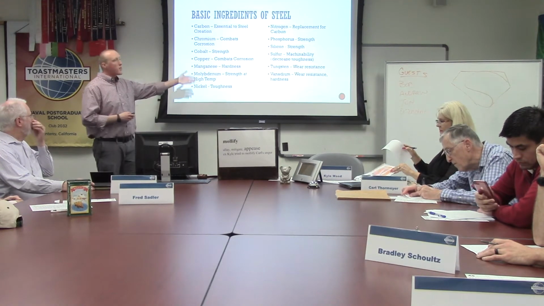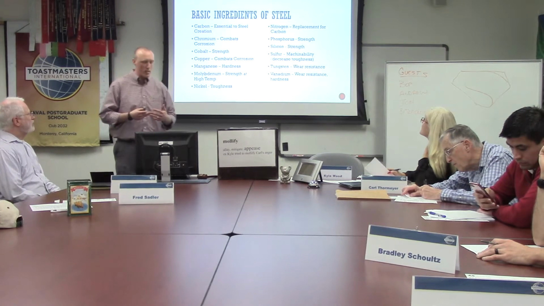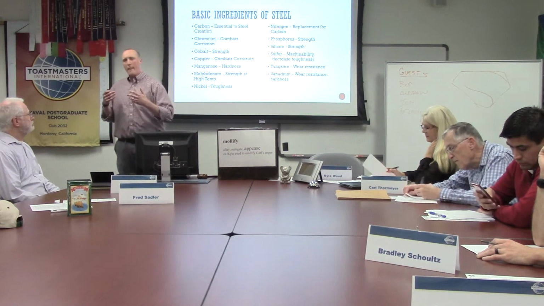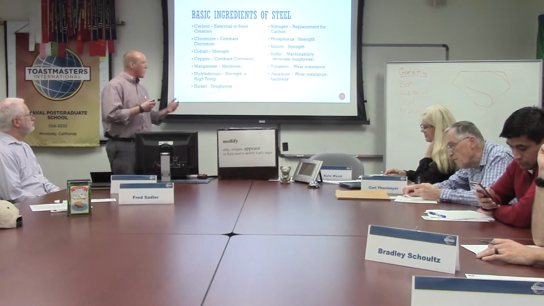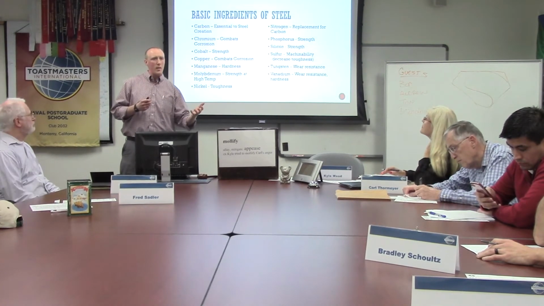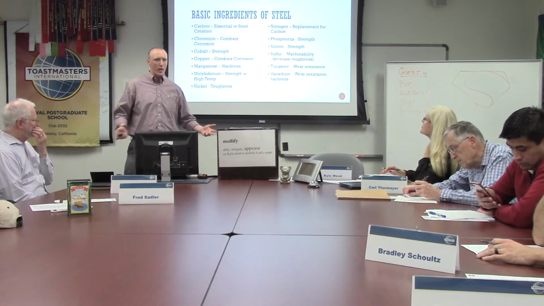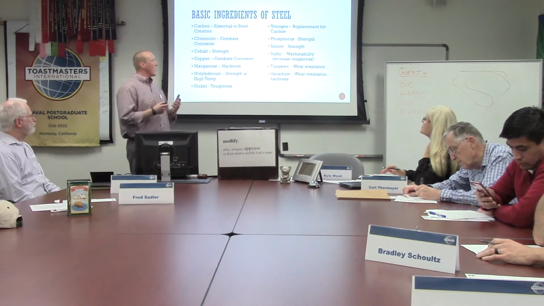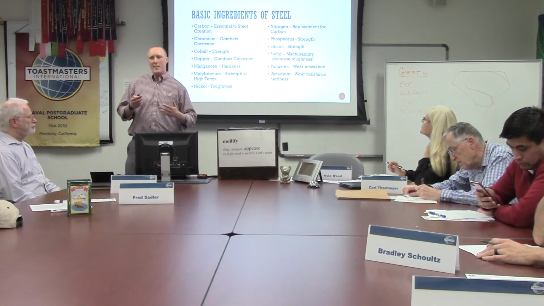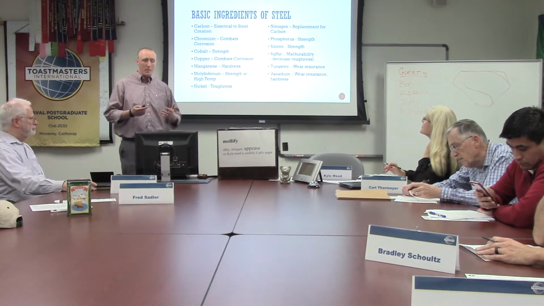So these are some of the other ingredients besides the basic iron and carbon that we would add to the steel to give it different properties. And there are trade-offs. If you make something very hard and you drop it, there's no give to it, and it shatters. So there are other elements that we add to give it the exact properties that we want for the different materials that we're trying to make.